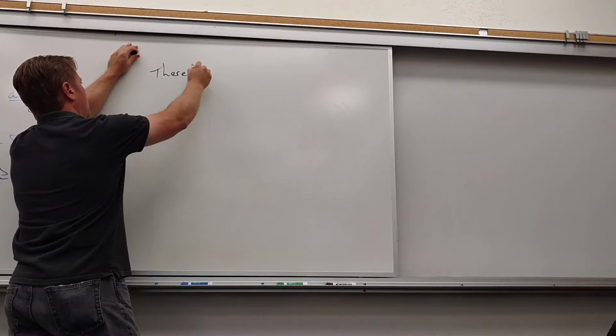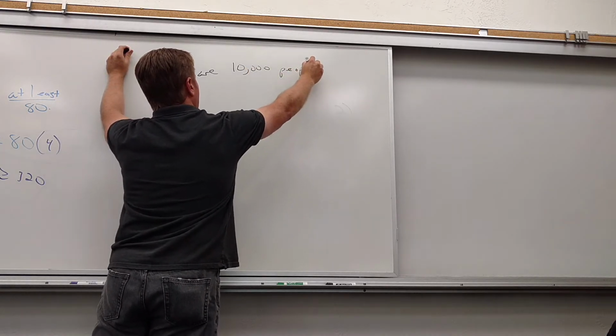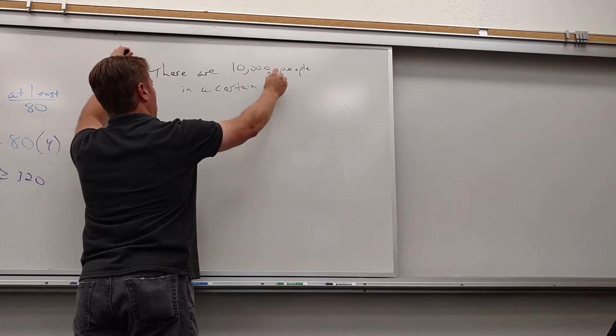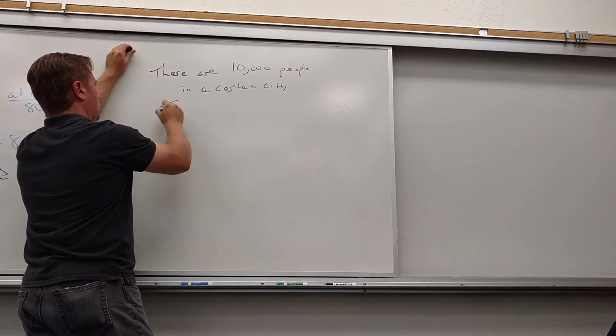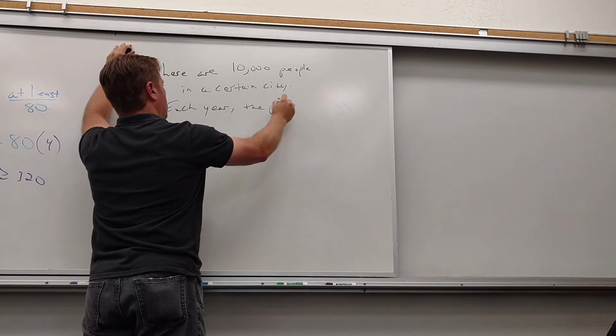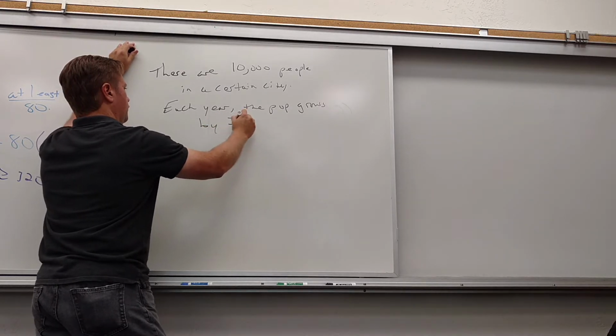Let's say there are 10,000 people in a certain city. Each year, the population grows by 750 people.